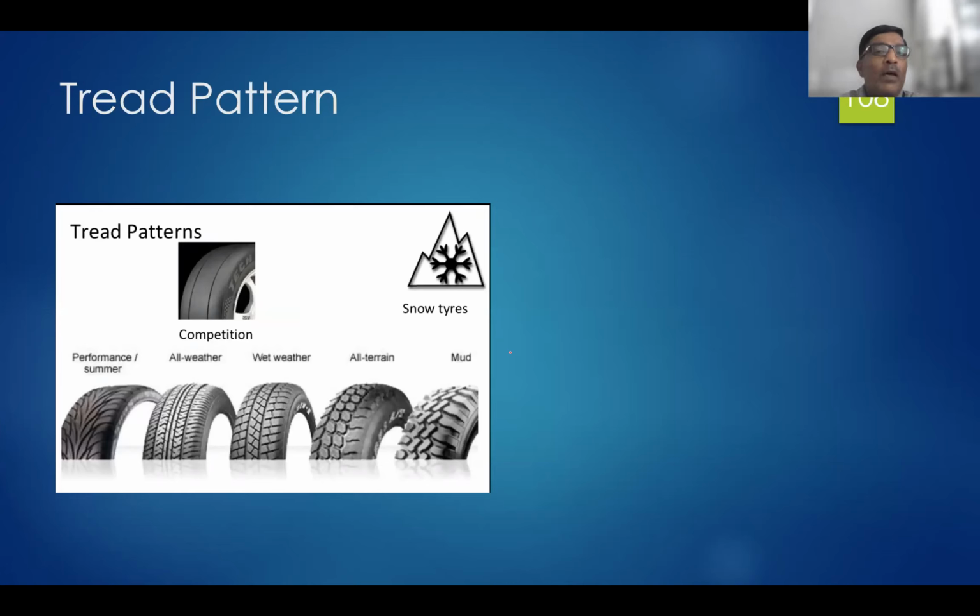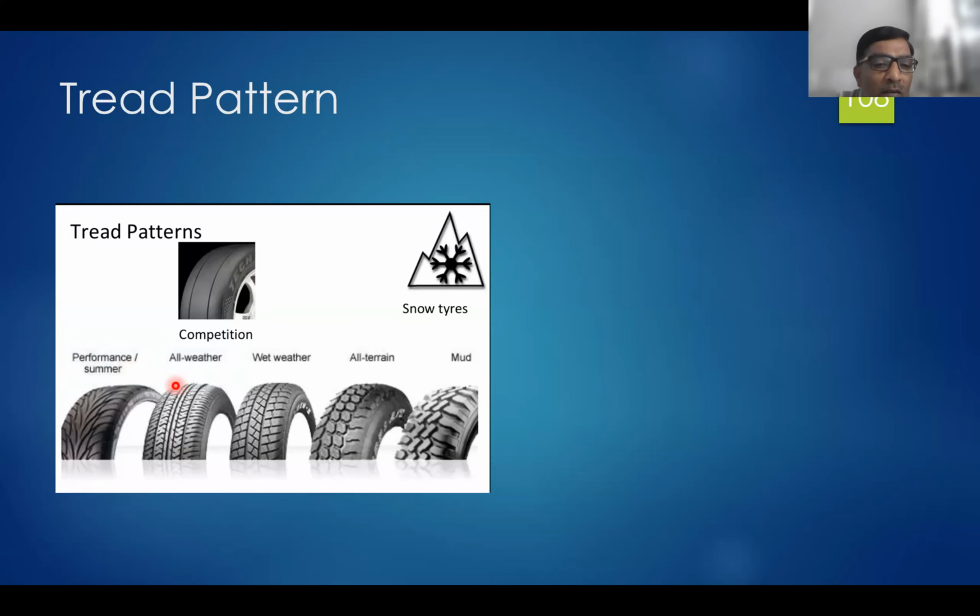Okay. Then the next important thing is related to tread pattern. Whatever design, in general, we call it the tread pattern. You can see these various tread patterns. This is related to performance in the summer.